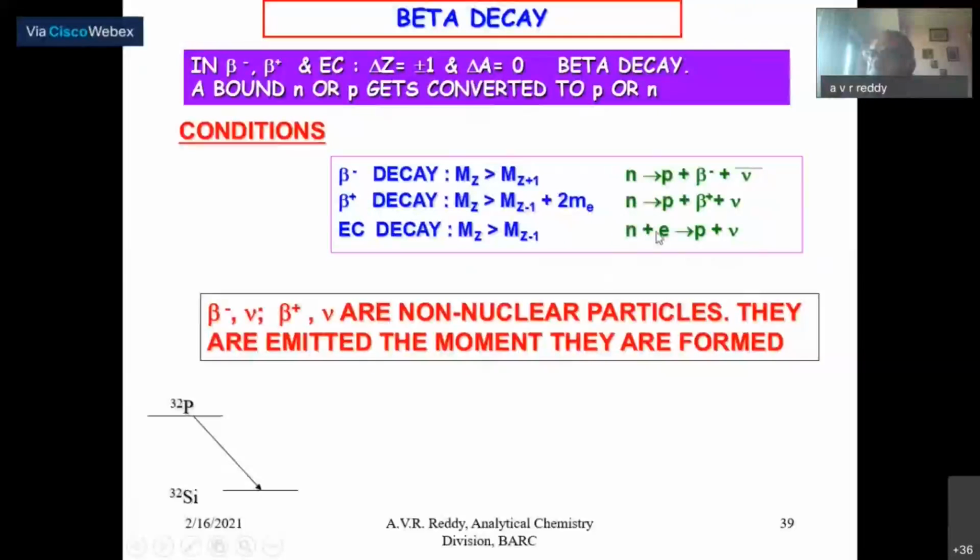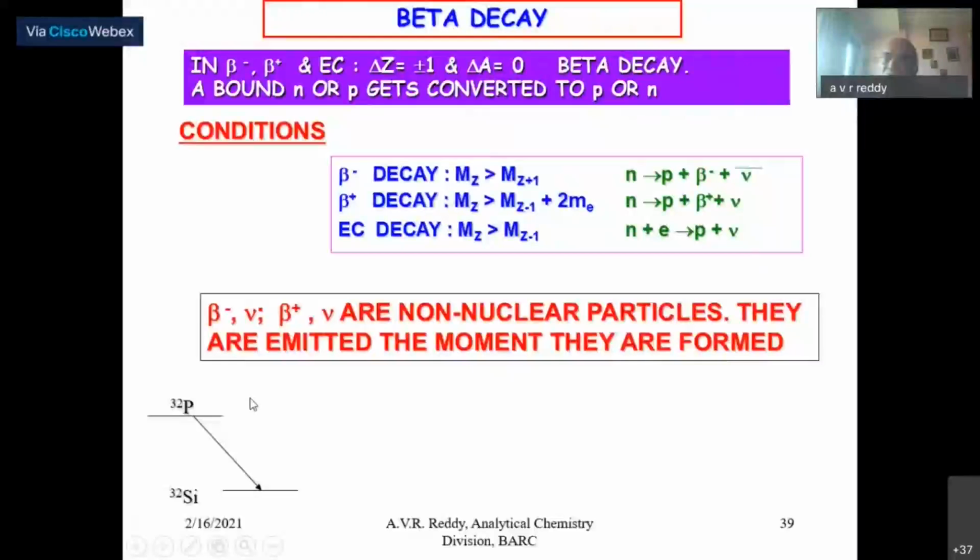In the process, it can get converted into a bound proton. Two particles on the left side, so on the right side also there will be a neutron, right? So all the three processes together are called beta decay. And here the bound part you should not forget. And why we have antineutrino here, neutrino here.